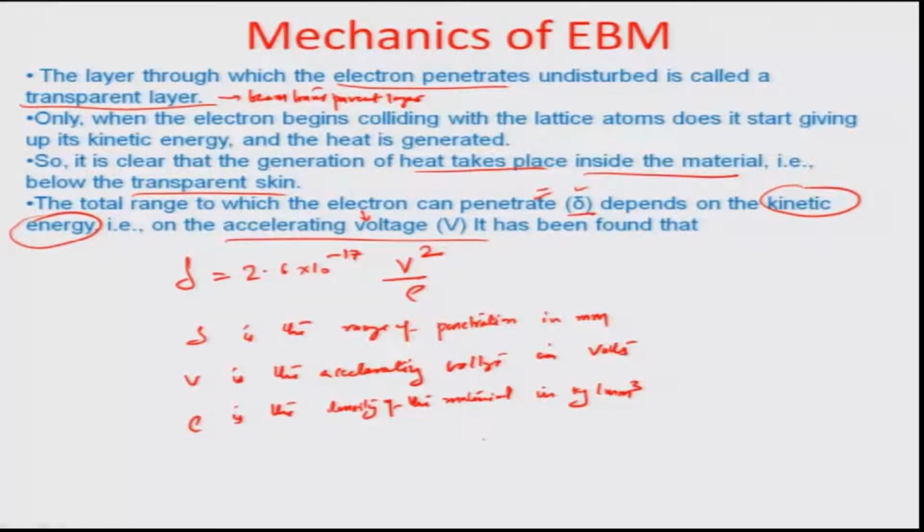Let us look at a numerical example of this estimation of the delta to get a ballpark idea of what is going to be the range of penetration depth while doing a normal e-beam machining on steel. Okay.